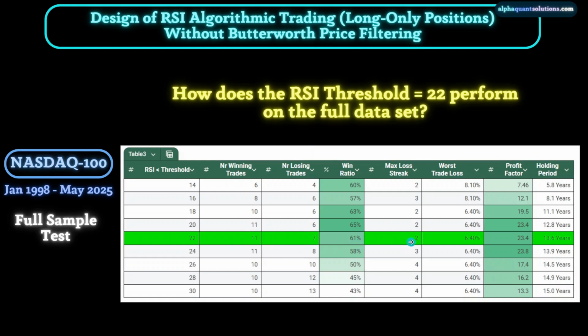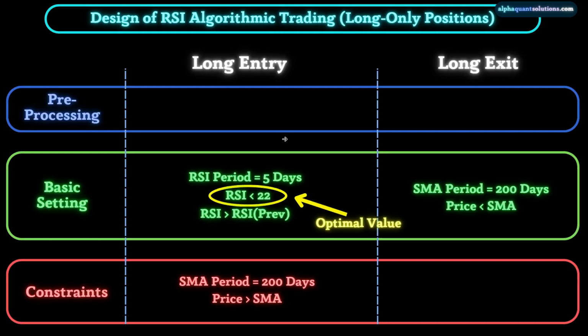We have 2 consecutive losses as a max loss streak. The worst trade loss is 6.4%, and we have a profit factor above 23. So really, also again, very nice performance from the algorithm, from a very, very simple algorithm.